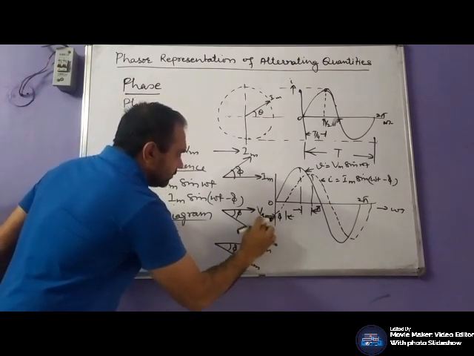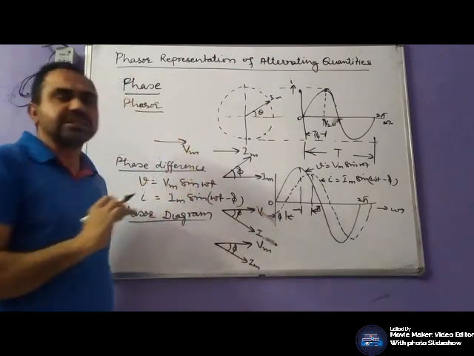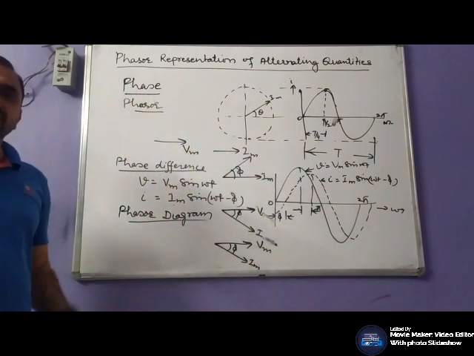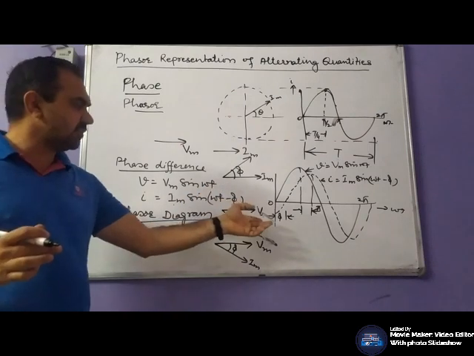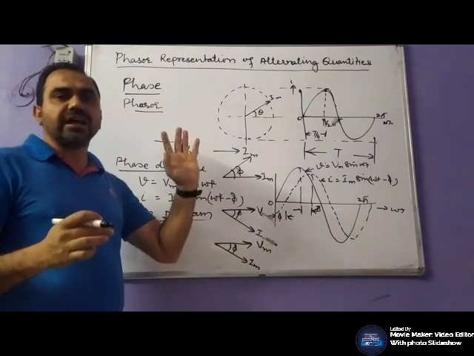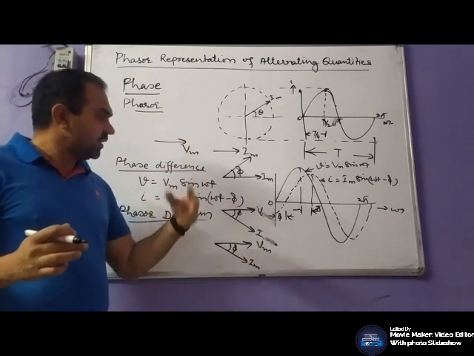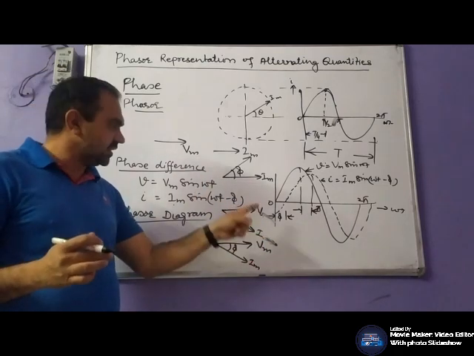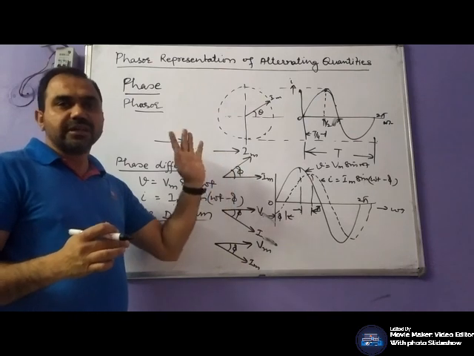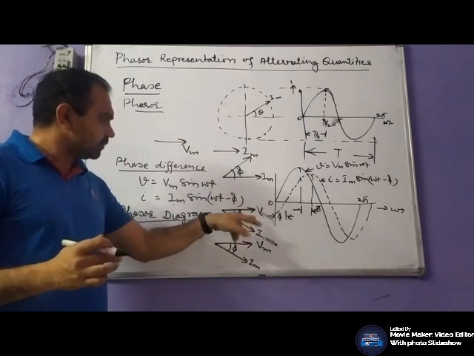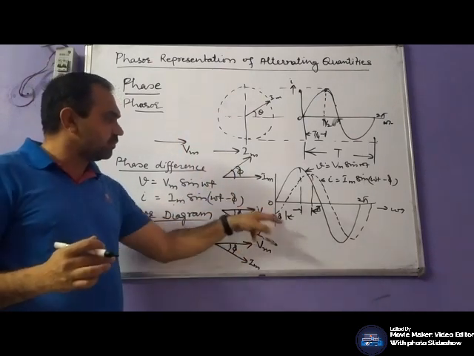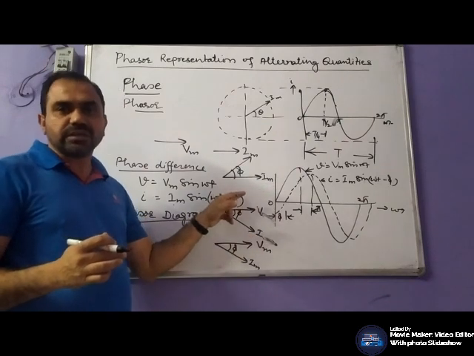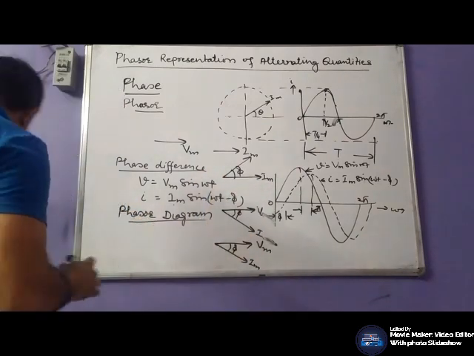If we simply mention this is V or this is I, it is well understood that this is the RMS value of the voltage or current. If it is the maximum value, then we have to specify that this is the maximum value or this is the average value. Finally, the phasor diagram would be in terms of their RMS value.